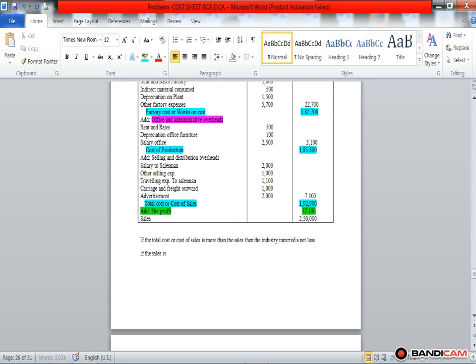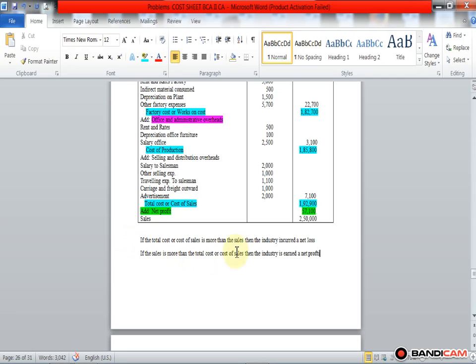And if the sales is more than the total cost or cost of sales, then the industry has earned a net profit.